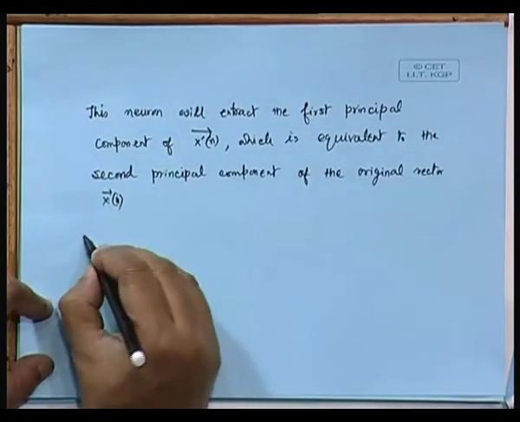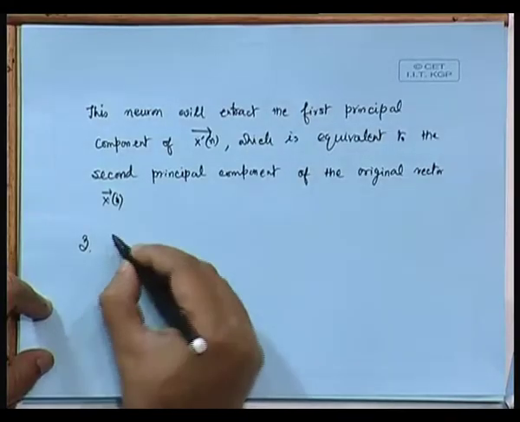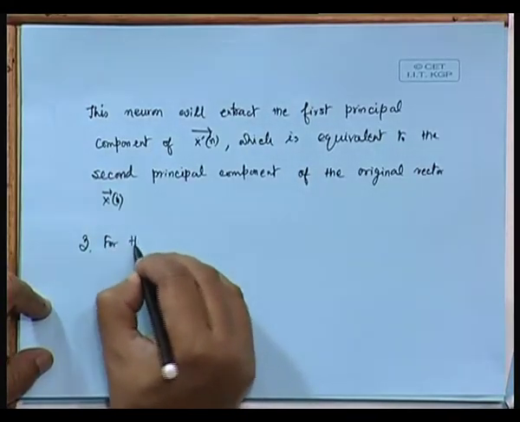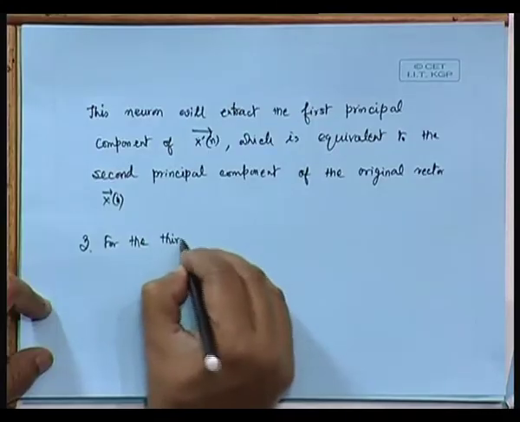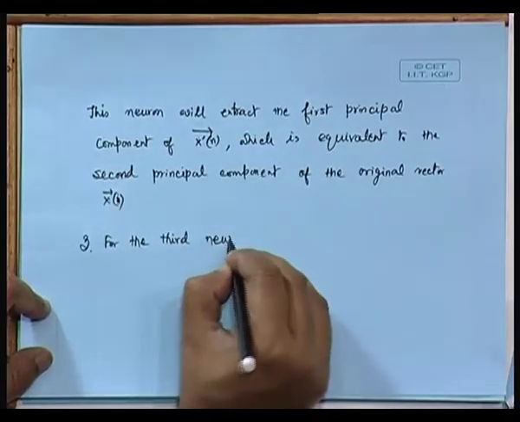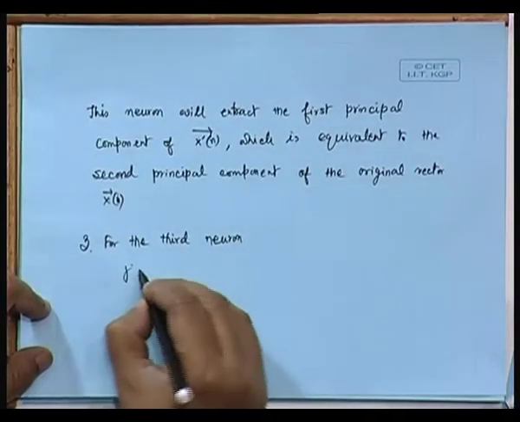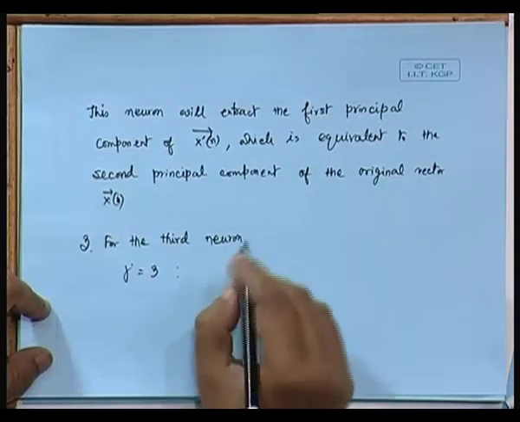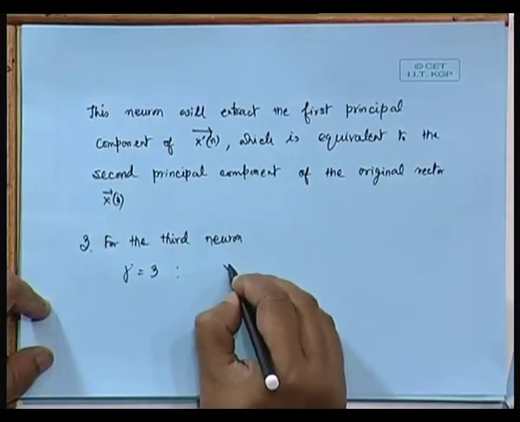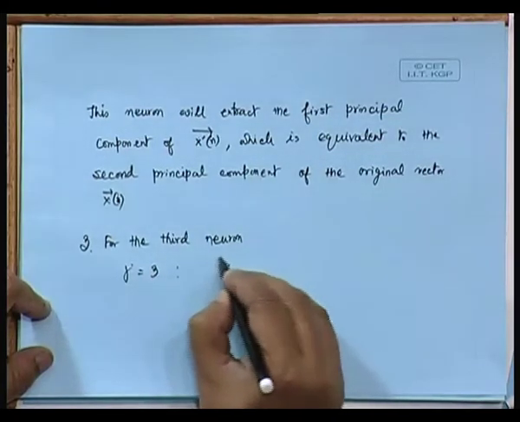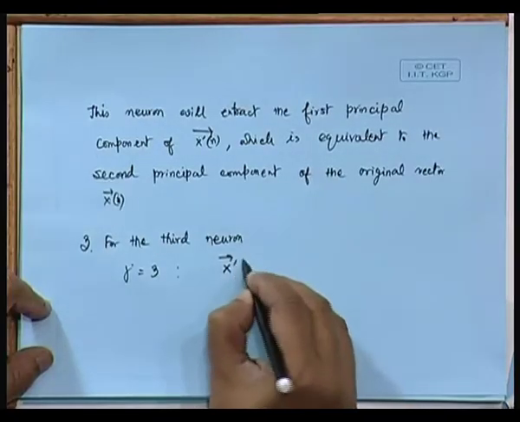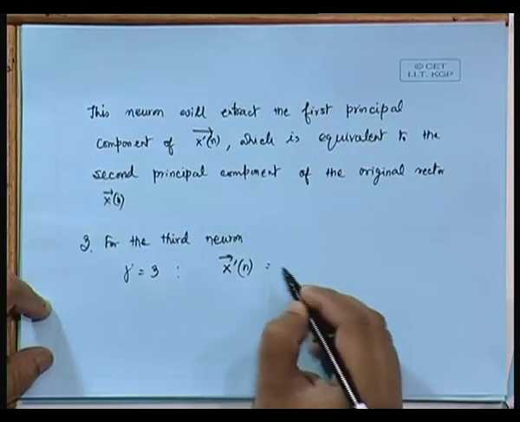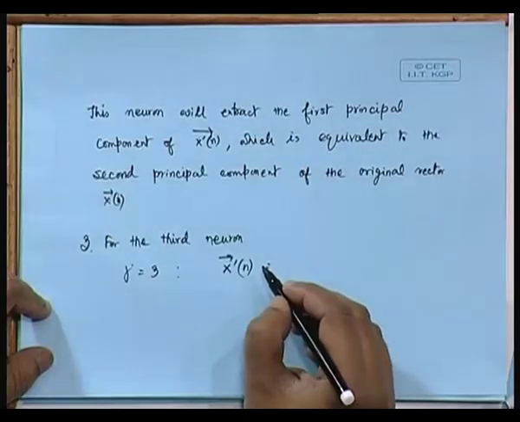If we now take the third neuron, definitely we have j is equal to 3, and there what will x prime n be? What will be the x prime n for the third one?